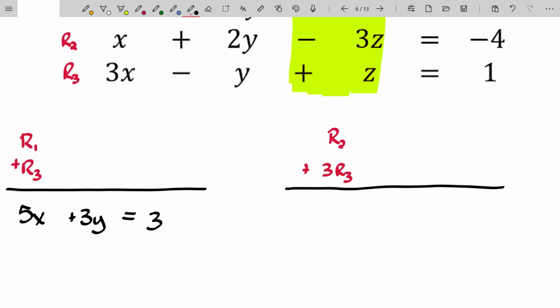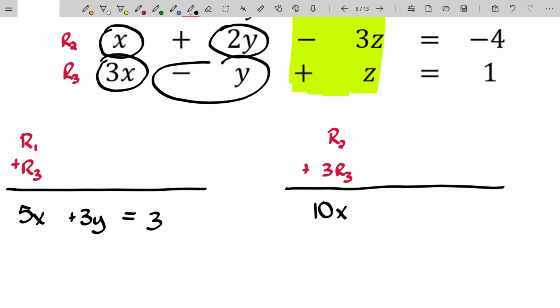I'll take row 2 and add 3 of row 3. So x plus 9x is a 10x. 2y plus, that's my dog barking in the background. Sorry about that. So we had 2y, and we're adding to that a negative 3y, right?